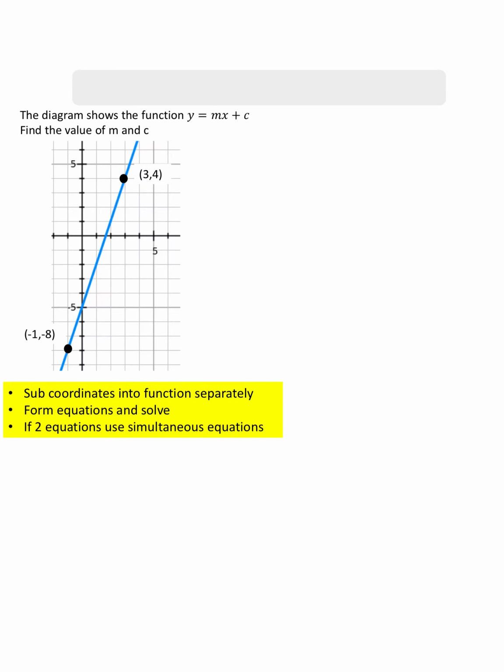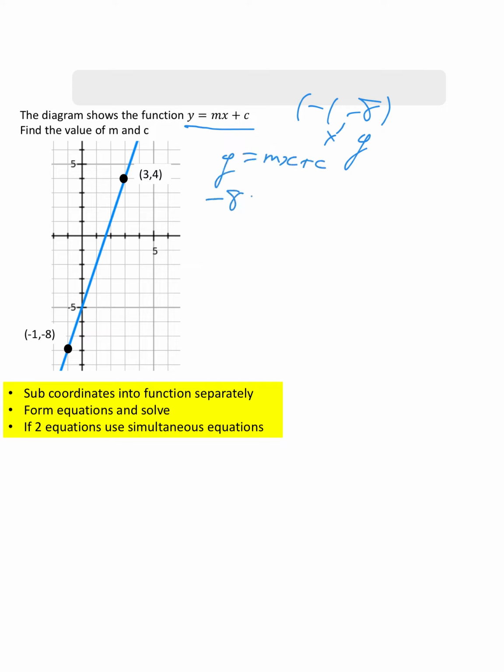Okay, we'll do the same with this one. You can see there we have two coordinates, (3, 4) and (-1, -8), and then we have the function y equals mx plus c. So let's sub in these values individually. x and y equals mx plus c.